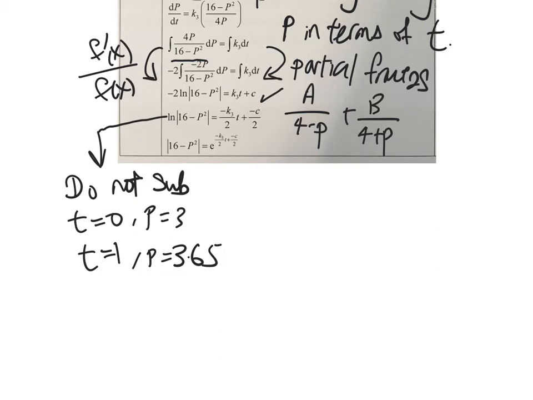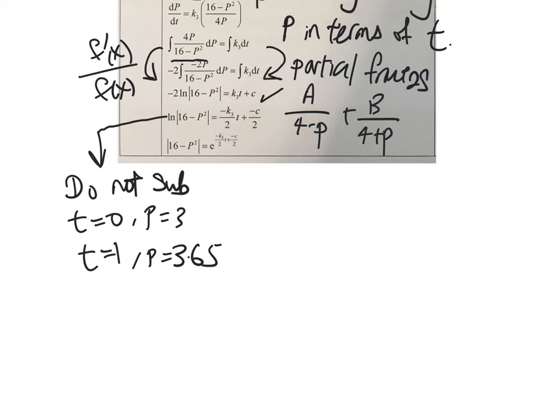Do not sub in here. The reason is very simple. If you sub in here, it means that you will have to solve, and then you have to work things out and reject one of the solutions that you get, if you manage to get one.